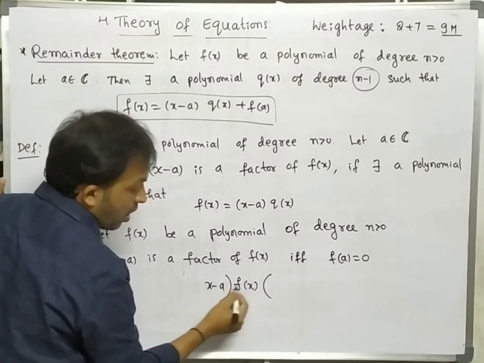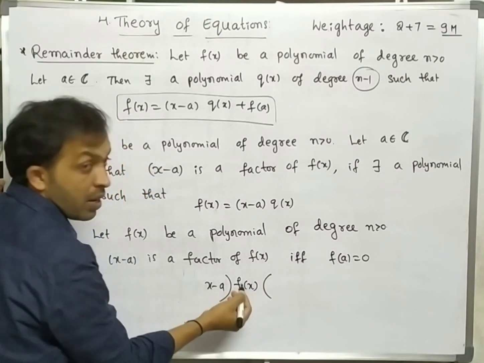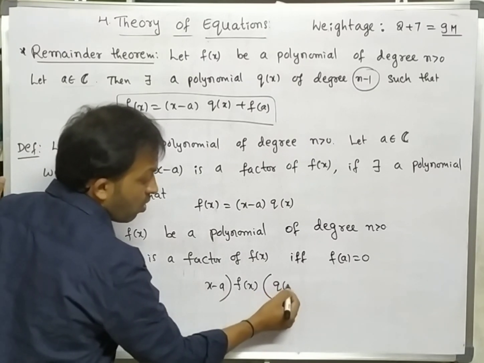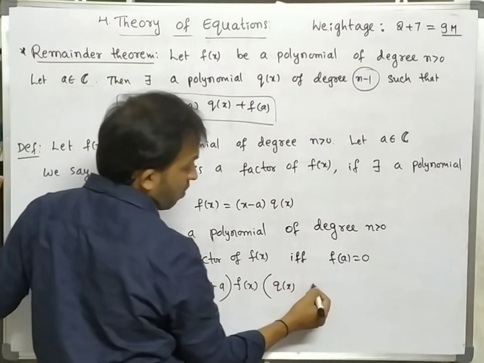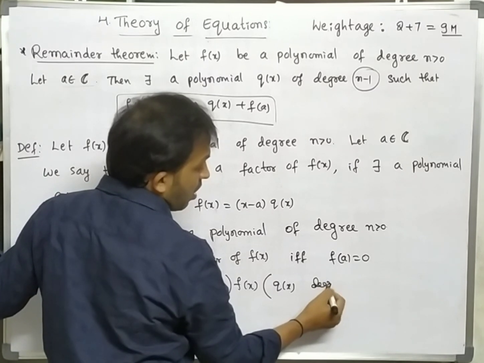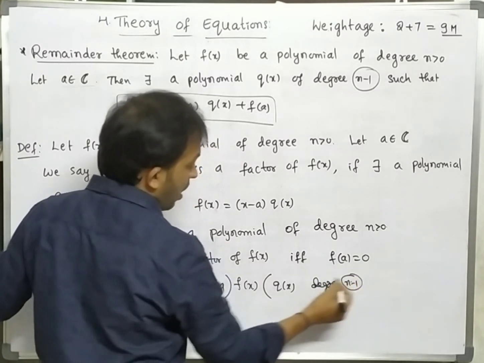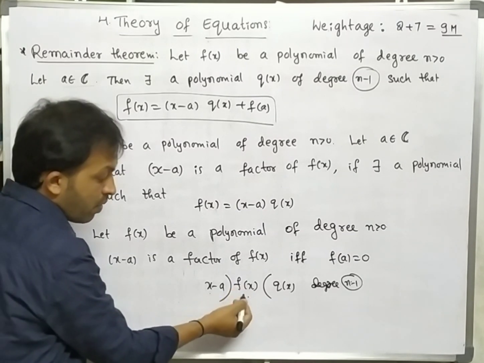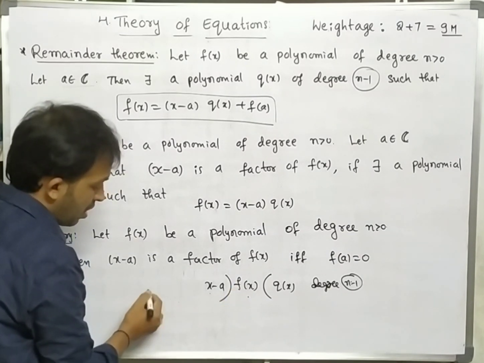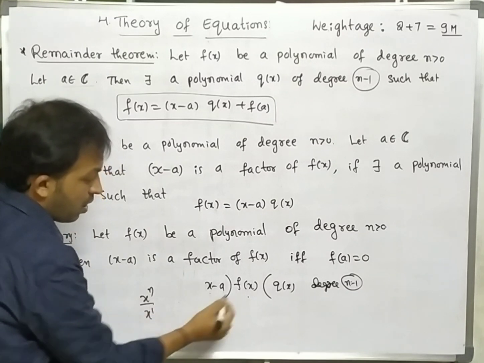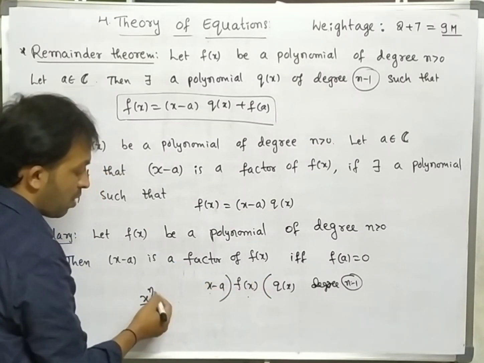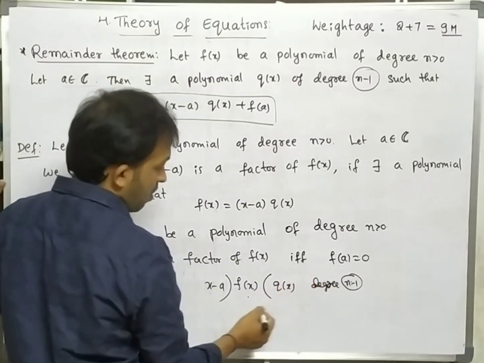The polynomial has degree n, and as we are dividing with x minus a, the quotient q of x must be of degree n minus 1. Here this is degree n and this is degree 1. As we divide x power n with x power 1, the quotient becomes x power n minus 1, that is n minus 1 degree.